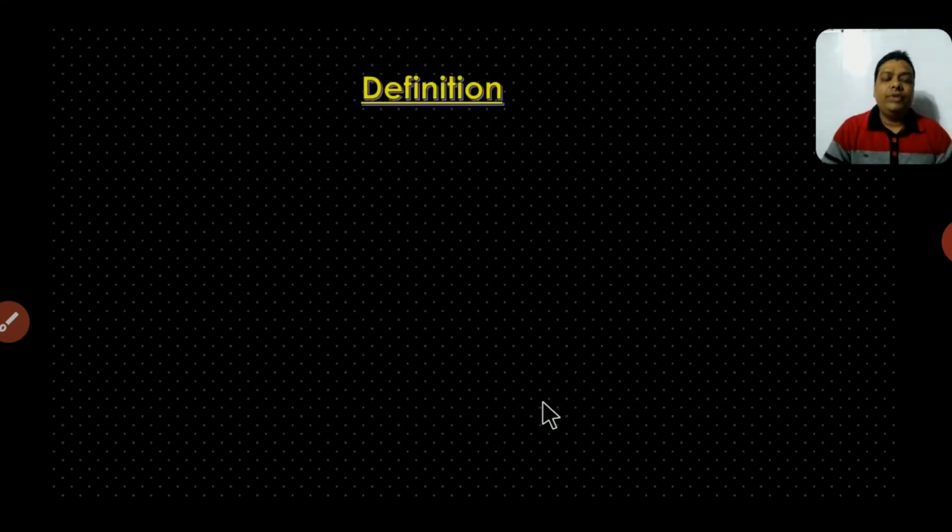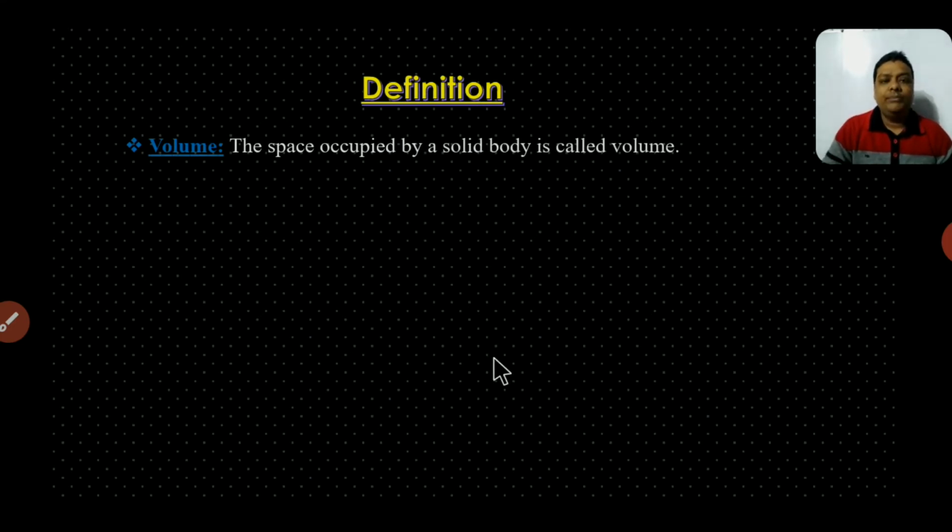Now let's see another definition. Definition of volume. What is volume? The space occupied by a solid body is called its volume. Most students have not understood this, so listen carefully.